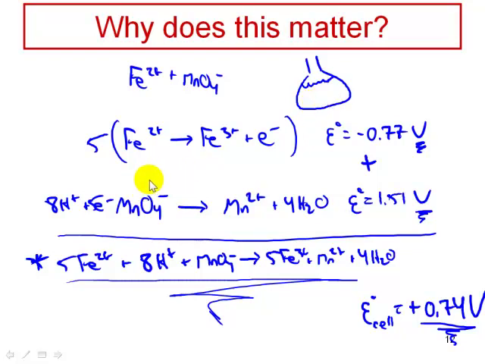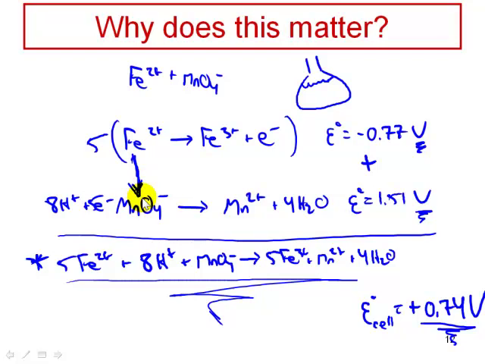In this reaction, what happens is there is a transfer of electrons from the iron to the permanganate. If I conduct the reaction by pouring these together into a flask, where they're in direct contact with each other, then the electrons are going to transfer directly, and you're going to see the redox reaction happen, but we can't really harness it to do anything useful.